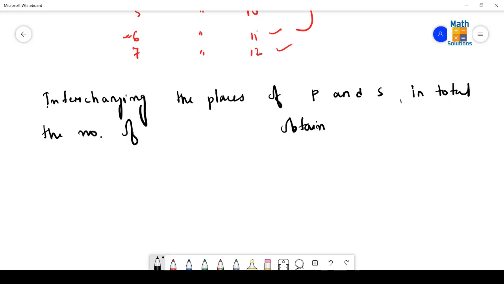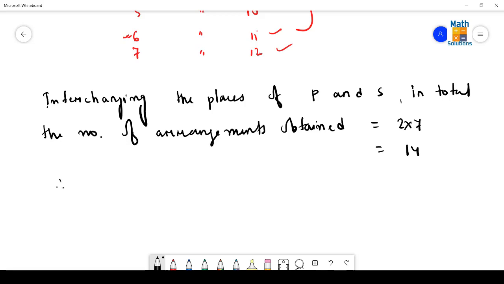Total number of arrangements obtained is equal to 2 into 7. The first 7 is for the direct arrangement when P is kept initially, then S after, with 4 places in between. And the second 7 is for interchanging the places of P and S. So in total we get 14.